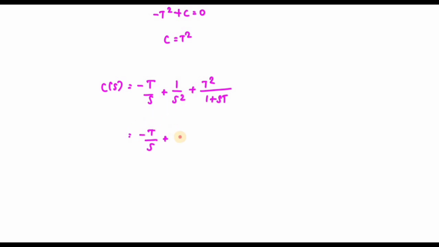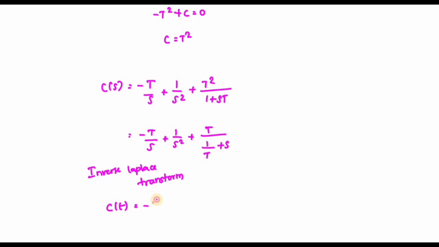This term I can again write by bringing this T outside: T divided by (1/T + s). If I take the inverse Laplace transform of the above equation, I will get c(t) is equal to this minus T.